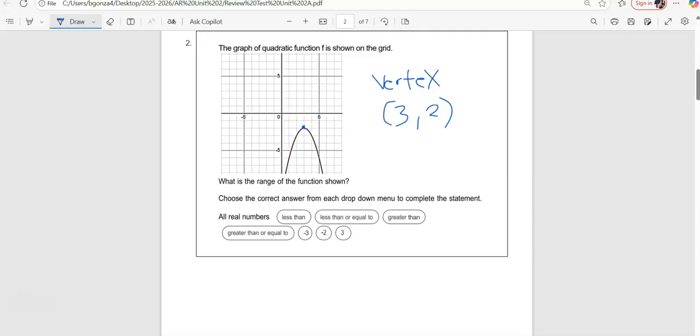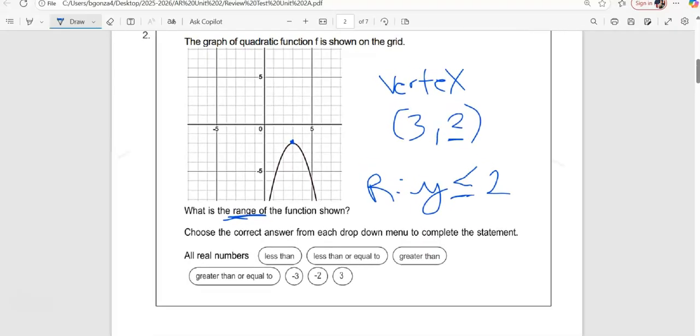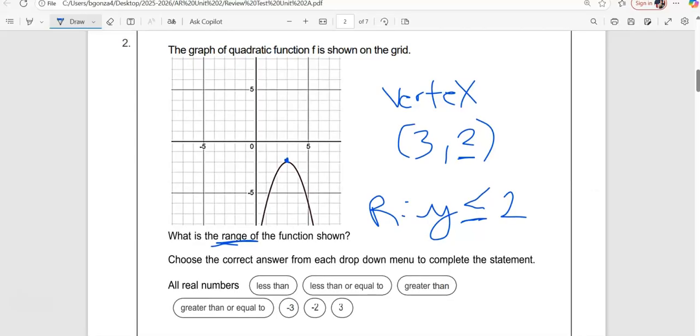Well, my range, right? What's the range of this function? The highest it goes is this y value of 2, and the y is going to go down or less than 2. Now remember, it's also underlined. It's less than or equal to 2.